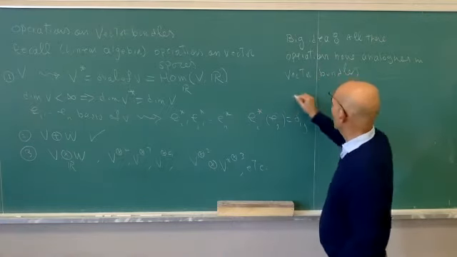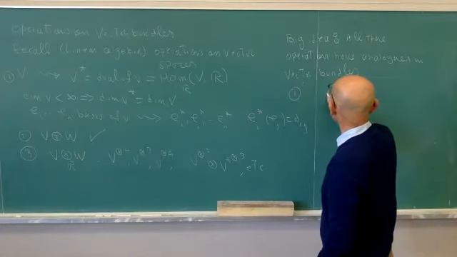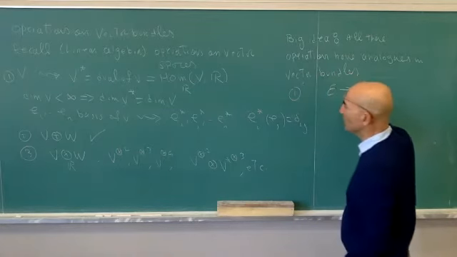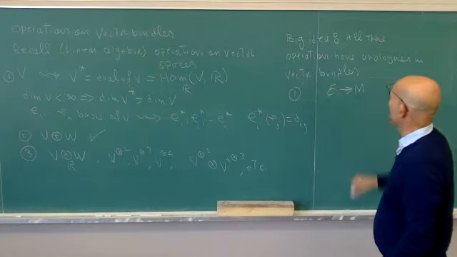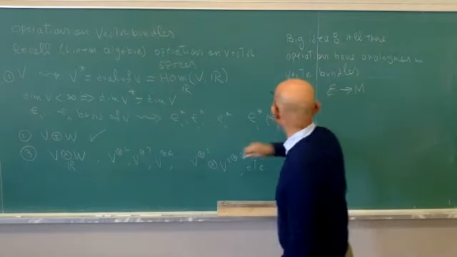So for example, if you have a vector bundle E, so my notation for vector bundle is this, then you can construct a dual bundle by this.